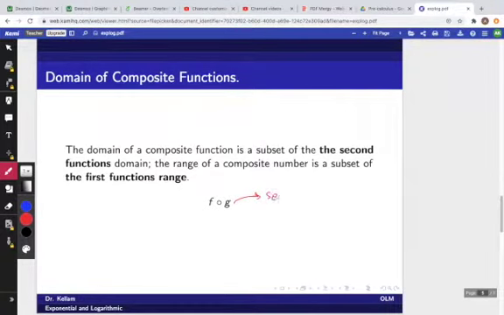So this is my second function. And the range is a subset of the range of the first function. So my first function is the one on the left.